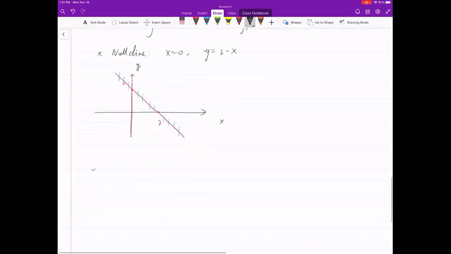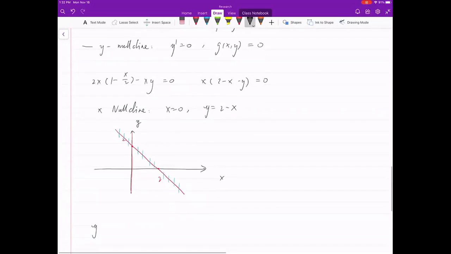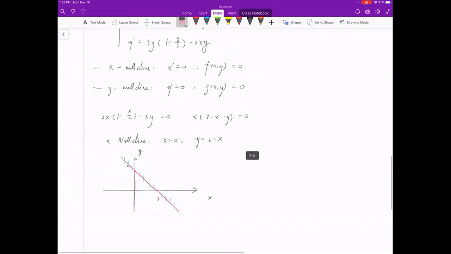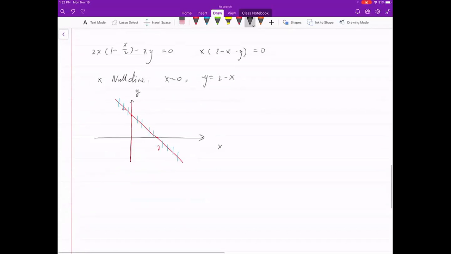Similarly, you have the y nullcline. 3y(1 minus y over 3) minus 2xy equals y(3 minus y minus 2x). Where is it?